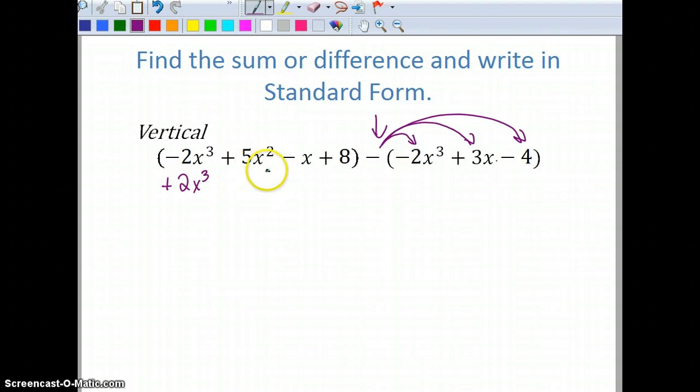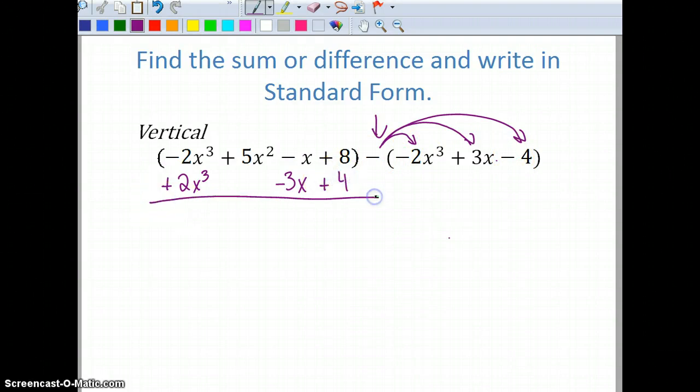Let's see, do I have anything that's squared? No. Okay, a negative 1 times positive 3x, it's going to give me a negative 3x. Now notice what I did right here. I skipped a space. I don't have a term that has x squared, and that's okay. I'm lining it up with their other like terms. Sometimes you're just going to need to make a space for that, and that's okay. Negative 1 times negative 4 is going to give me plus 4.